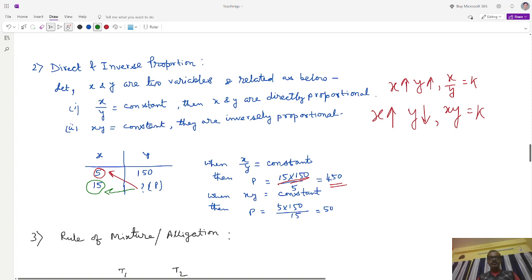Let us take two examples for these two cases. For this case, you may assume x equals the number of pens and y equals the price of pens.